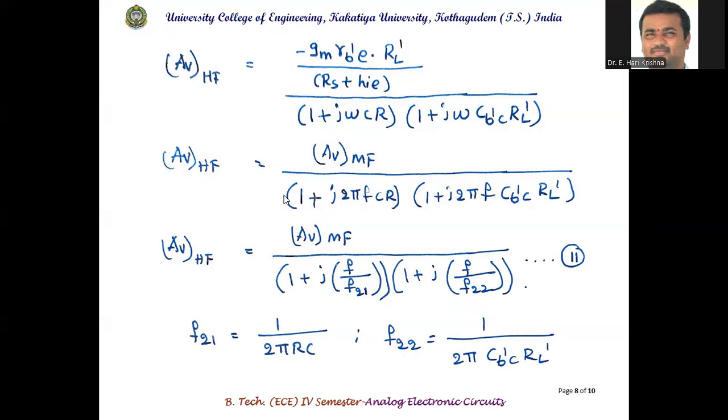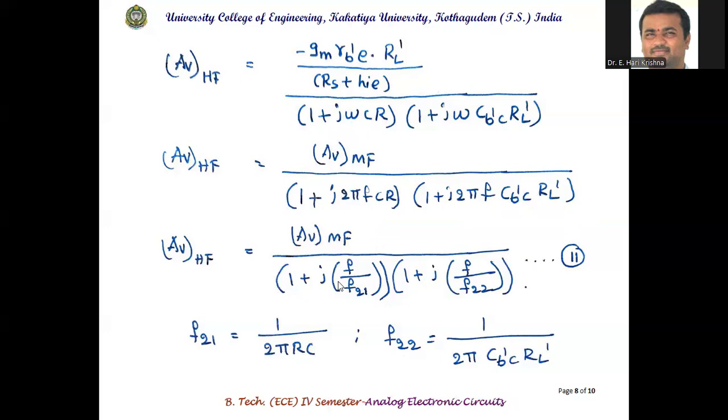Simplifying, gm RB'E is hfe. So minus hfe into RL' by Rs plus hie is the mid frequency voltage gain we discussed in the previous lecture, denoted AVMF, divided by 1 plus j 2 pi f CR times 1 plus j 2 pi f CB'C RL'.